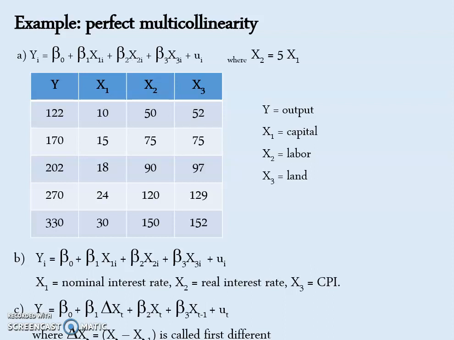A quadratic relationship doesn't fall under perfect multicollinearity. It is okay to have a squared term inside the model. When we talk about perfect multicollinearity, we are referring to the linear relationship among the x's.